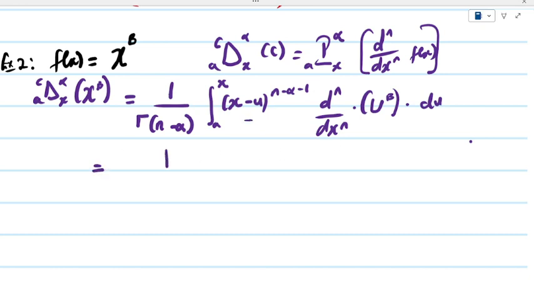And don't forget the power fractional derivative, as I just explained above.